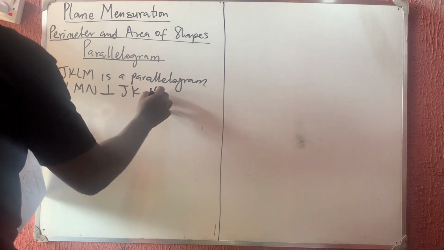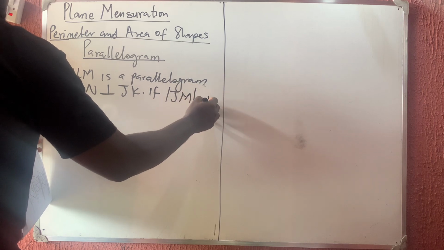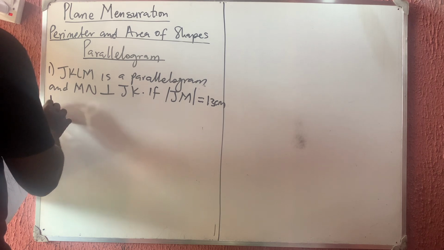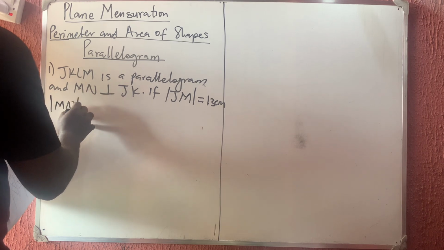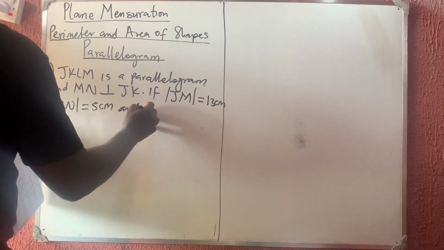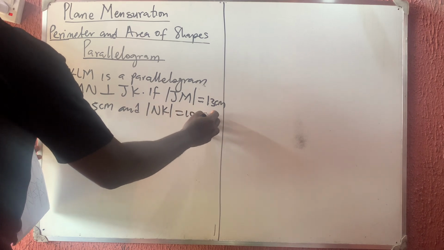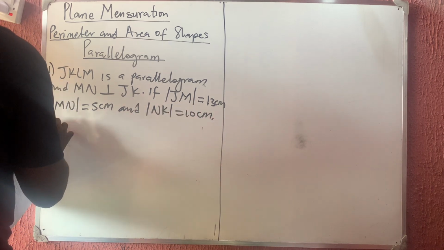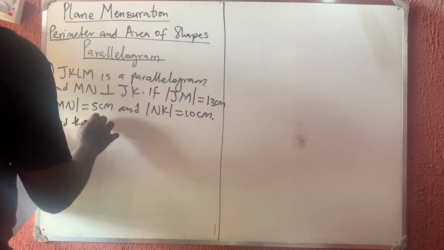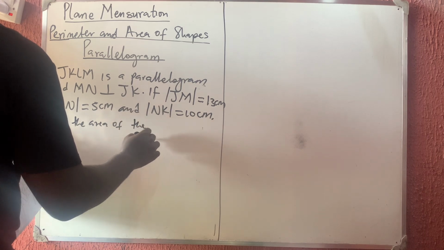Now say that line JM is equal to 13 cm, line MN is equal to 5 cm, and line NK is equal to 10 cm. Then we should find the area of the parallelogram.